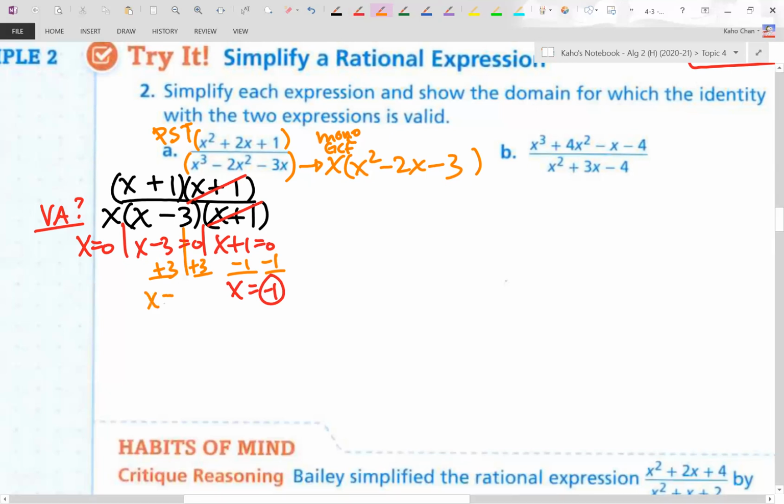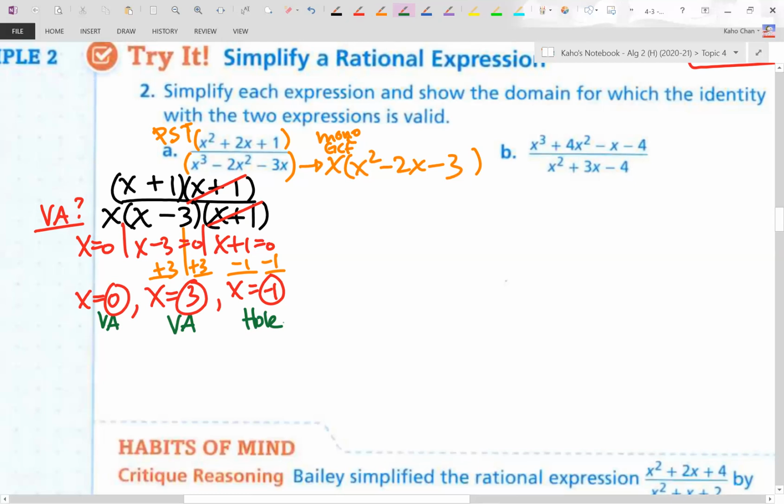X equals 3 is not a hole. It's a vertical asymptote. And x equals 0 is a vertical asymptote as well. So let me write this down. We got vertical asymptotes, and this last one is a hole.